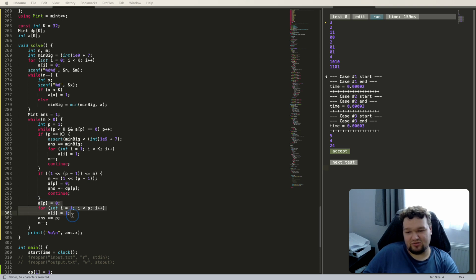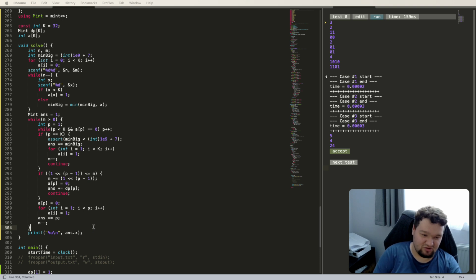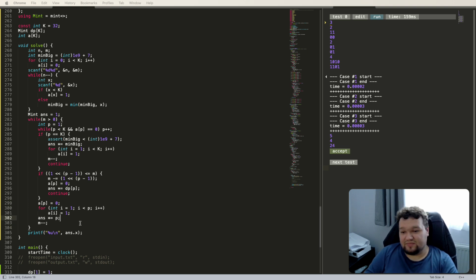So once for every p, we can increase the sum by k, so the total increase of the sum will be at most k square, and so this whole thing works in k square, and k is log of 10 to the 9th power. So yeah, it is log squared. I was correct in my estimation.